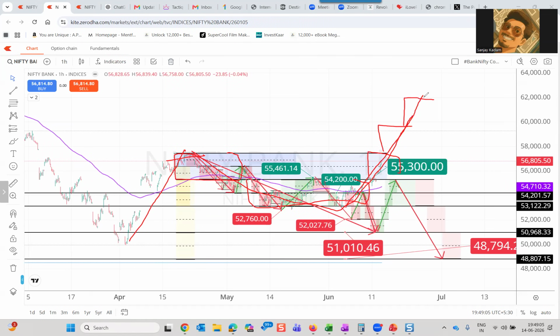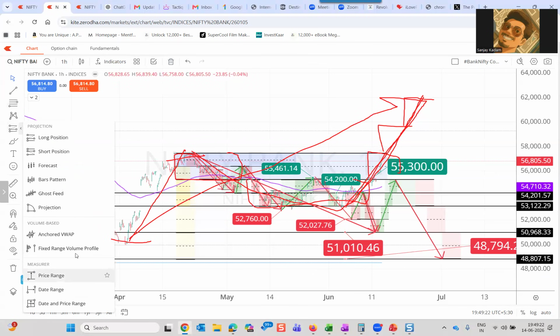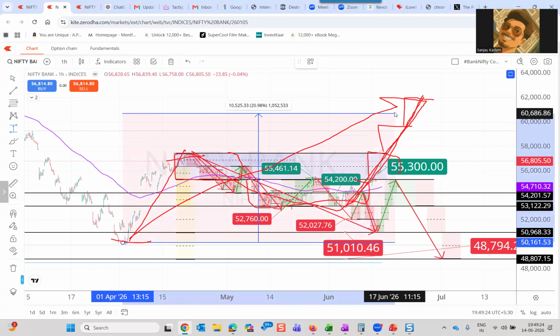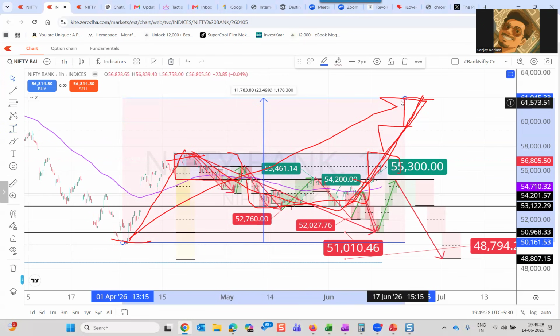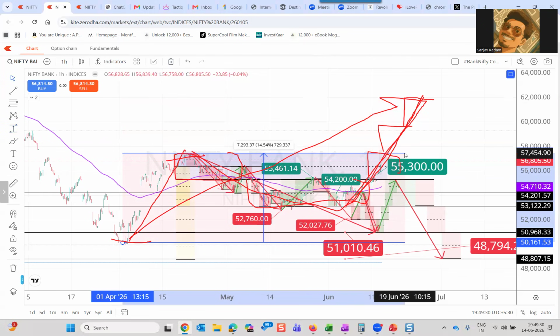Then this total distance is 4000 points. अगर ये 4000 points का हो गया distance, so that means from this point we are already away by, कितना हो जाएगा वो, 10-12 हजार, 11 हजार, 12 हजार पॉइंट हो जाएगा, which is not expected from price.